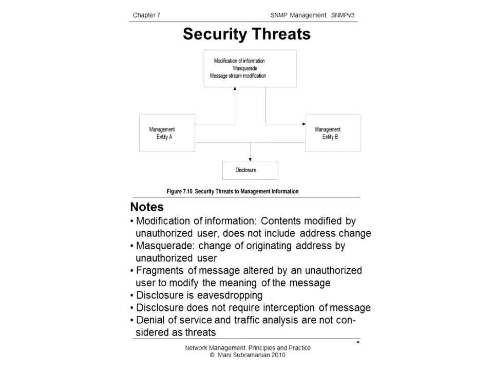Four types of threats exist to network management information while it is being transported from one management entity to another. Firstly, modification of information. Then we have masquerade, then message stream modification, and disclosure.